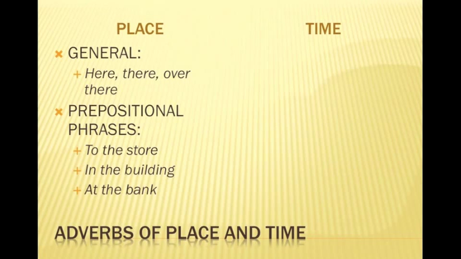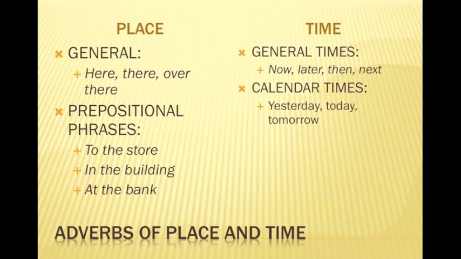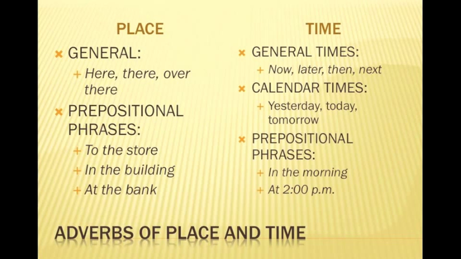For example, to the store, or in the building, or at the bank, indicate some sort of place or direction. In the time section, again, we've talked about general ideas such as now, or later, or then, or next. We could even use calendar times, such as yesterday, today, tomorrow. But we can also use prepositional phrases, such as in the morning, or at 2 p.m.